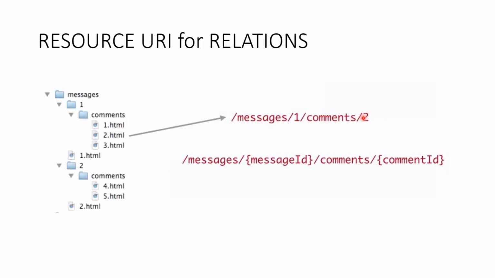If you specify the number, then it will return that specific comment. So it may either return the collection of comments or a single comment. It depends. In this case, /2 means it's going to return a single comment. If you remove this /2, if you remove this parameter, then it will return all the comments that are posted by user 1.